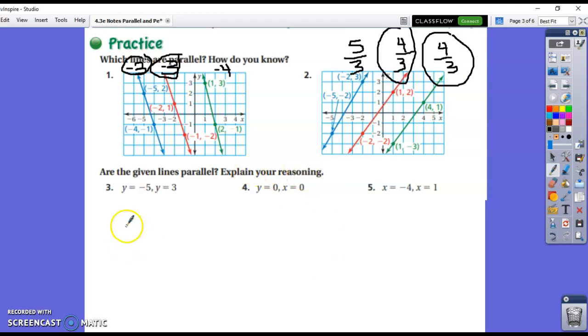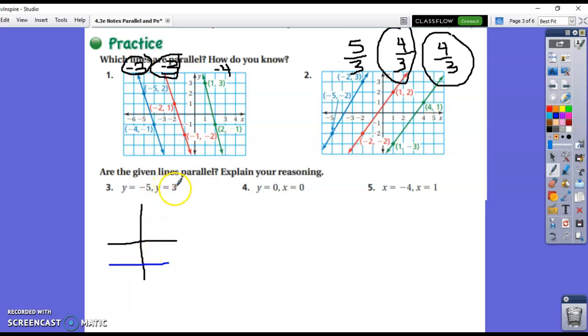Okay, if you're looking down at these equations down here, you can kind of just visualize the graph. The first equation, y equals -5, is going to be a horizontal line at -5, about right here.